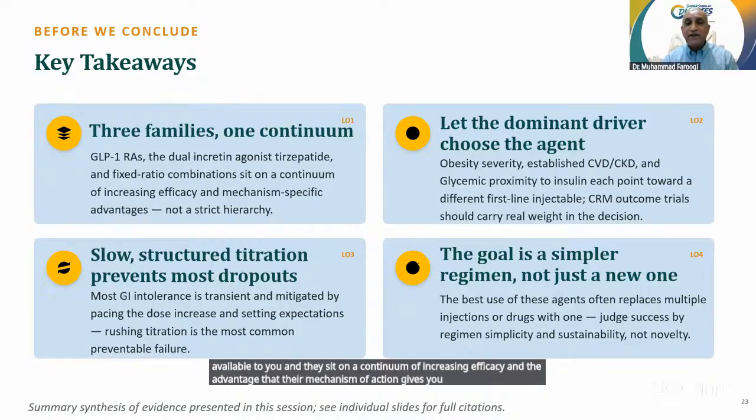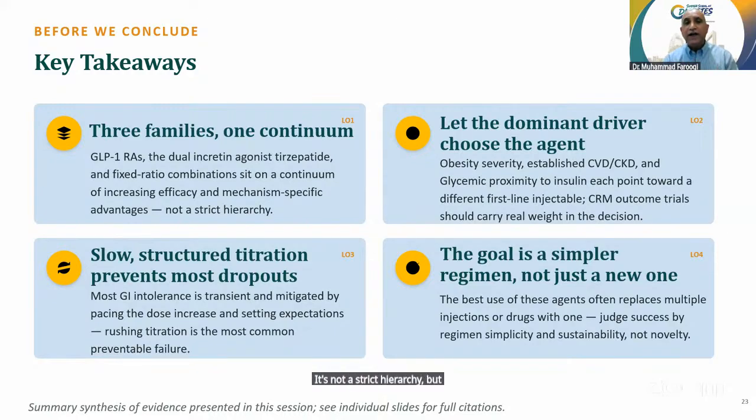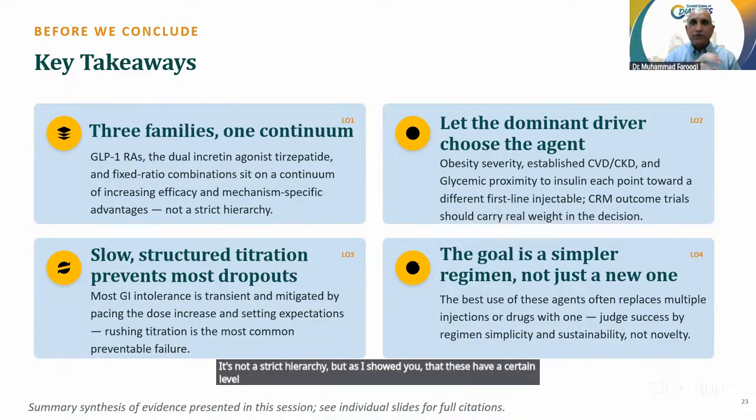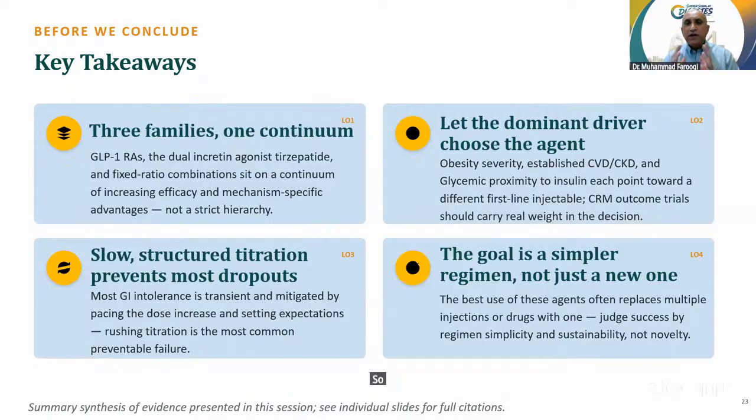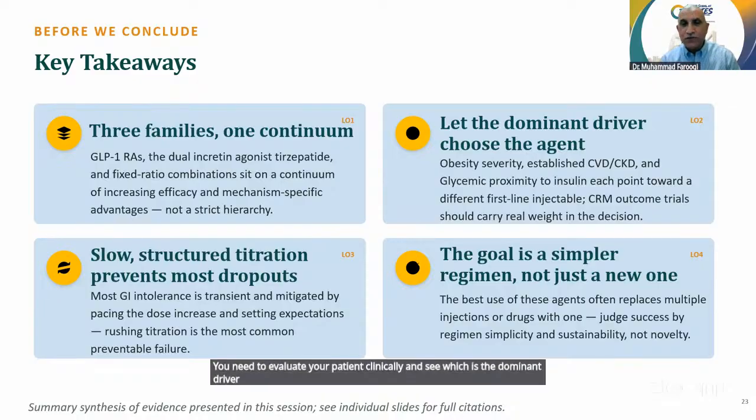It's not a strict hierarchy, but as I showed you, these have a certain level of effect, both in terms of weight loss and glycemic control. So you need to evaluate your patient clinically and see which is the dominant driver that you need the agent for.